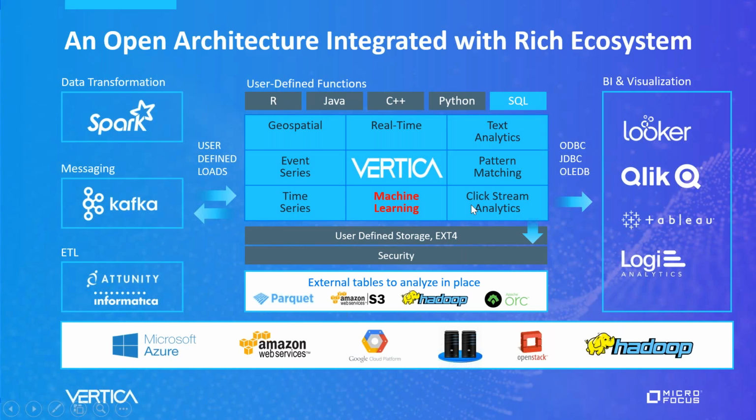So Vertica has a flexible architecture. It can by default read and write from the ext4 file system, but it can also read from Hadoop. It gives a lot of advantage for users to flexibly deploy it anywhere, either in the cloud or on top of Hadoop or without Hadoop also.